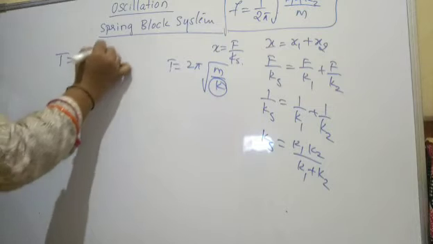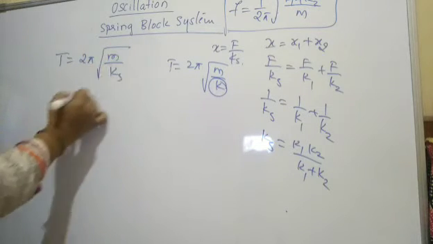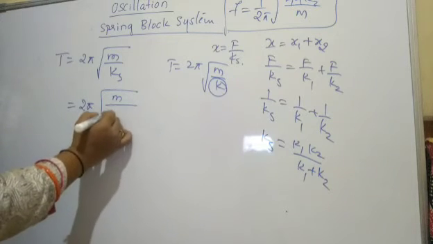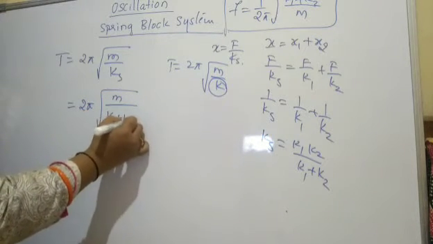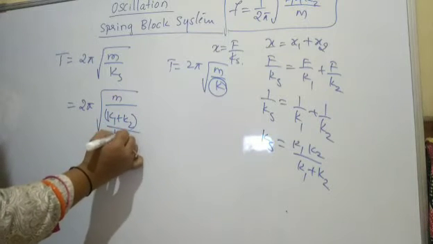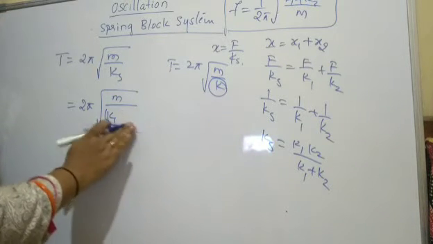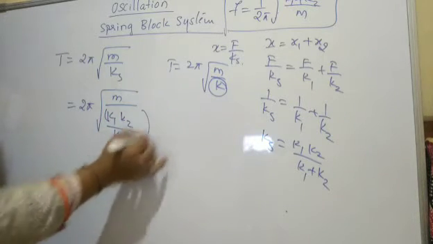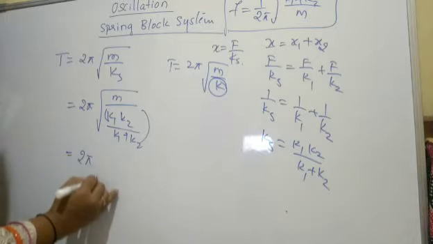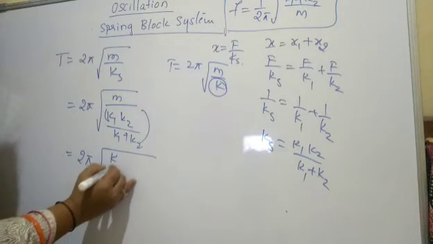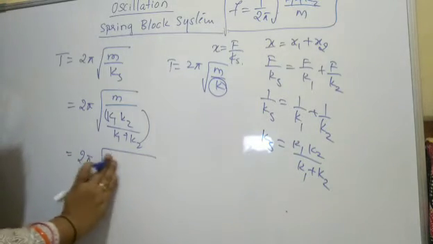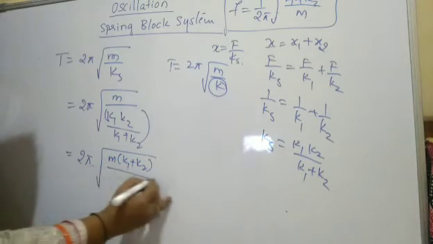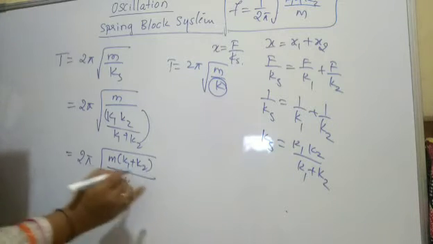So T is 2 pi root of m by k_s, that is 2 pi root of m into (k1 plus k2) divided by k1 into k2.